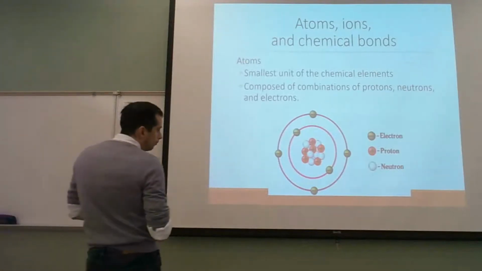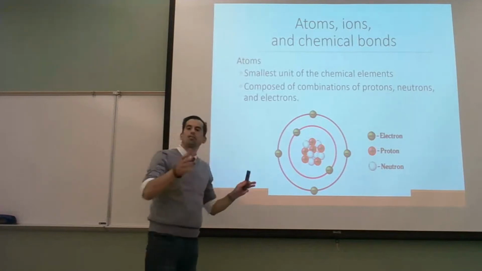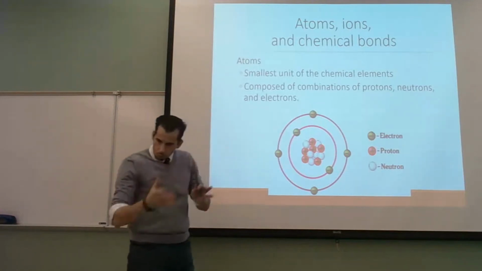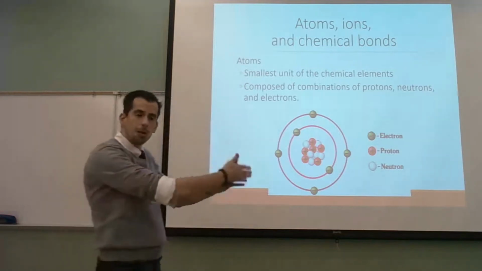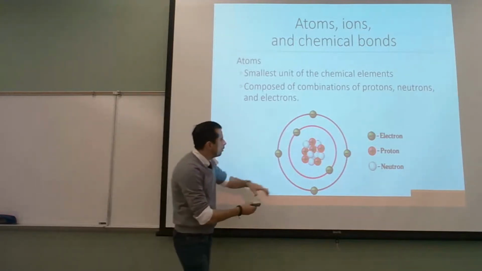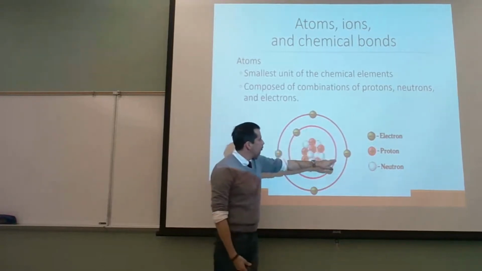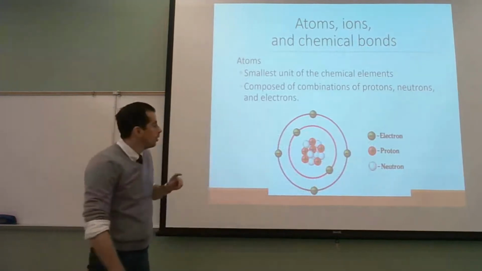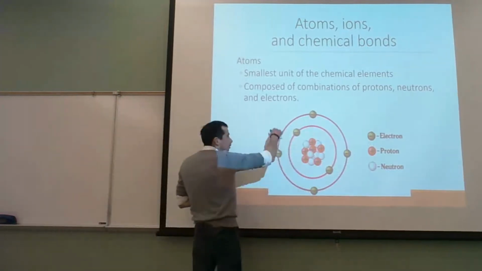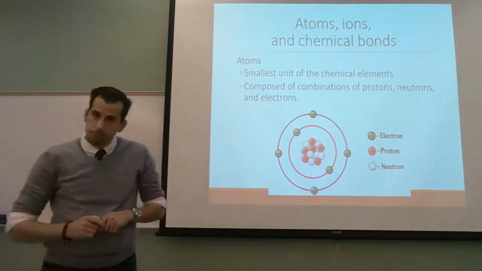Surrounding the nucleus, and I hesitate to say this is what it actually is, there's more detailed models of this. This is not exactly how it behaves. We're going to keep this at the level that we need to. Nucleus with the protons and the neutrons. Surrounding the nucleus are going to be our third subatomic particle, the electron, orbiting the nucleus in layers.